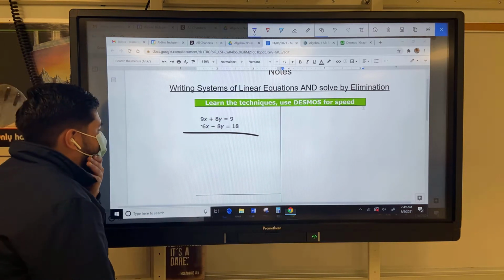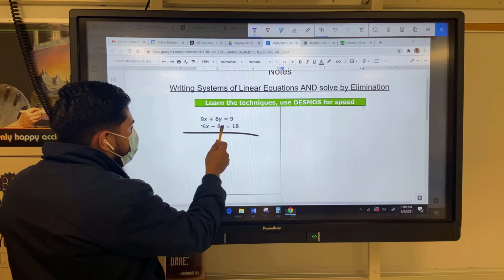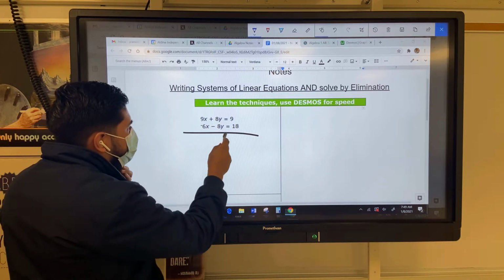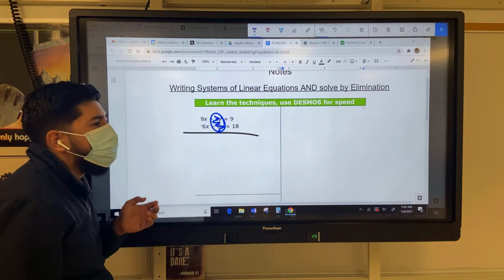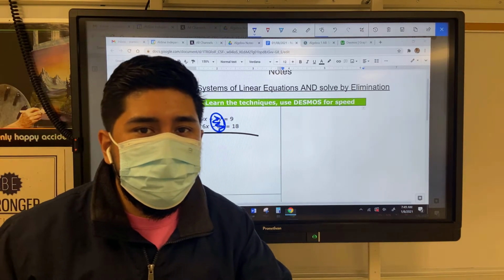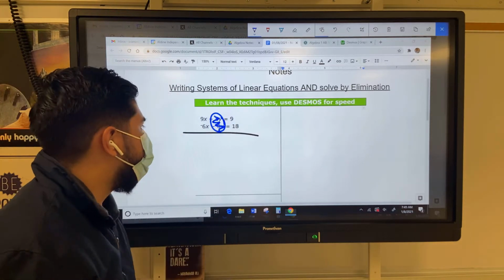As you can see, I have a positive 8 and a negative 8. So I know that this is going to give me 0. So the y's go away. 8 plus negative 8 gives me 0. You can double check.